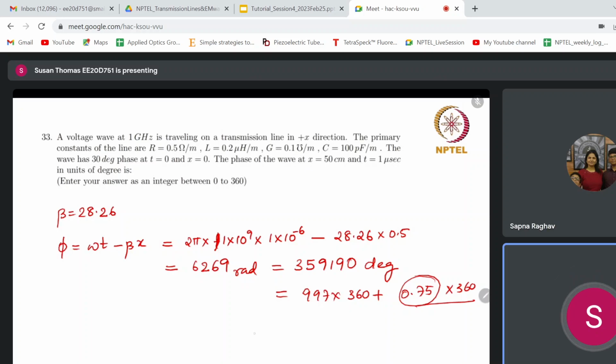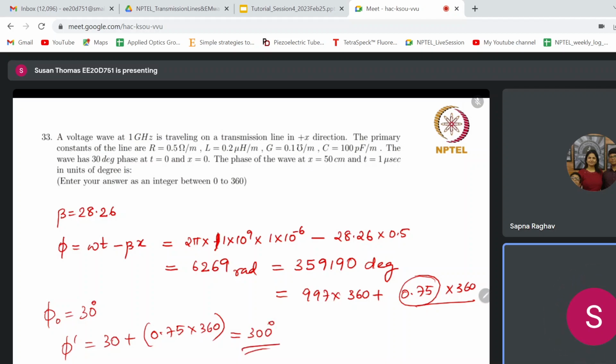So basically the initial phase phi naught is 30 degree, so you add that 30 degree to this one. So phi dash will be 30 plus 0.75 into 360. So you will get it as 300 degrees.